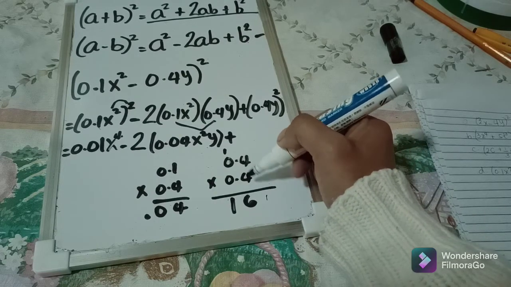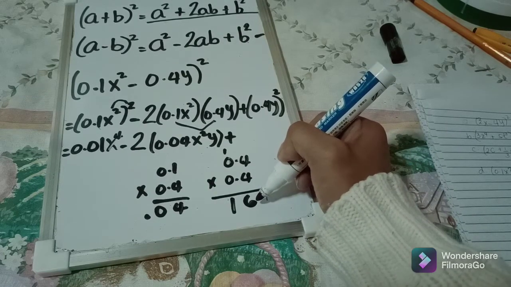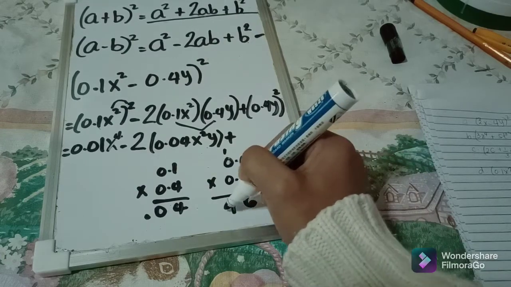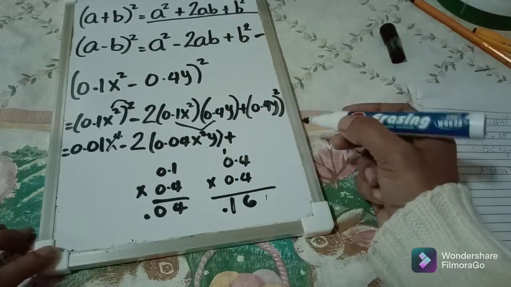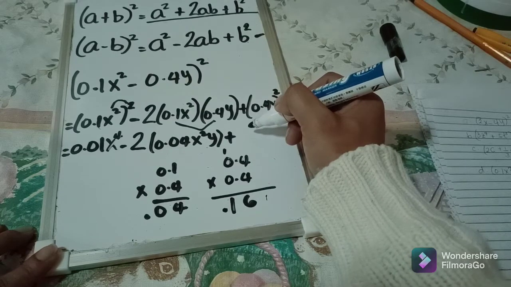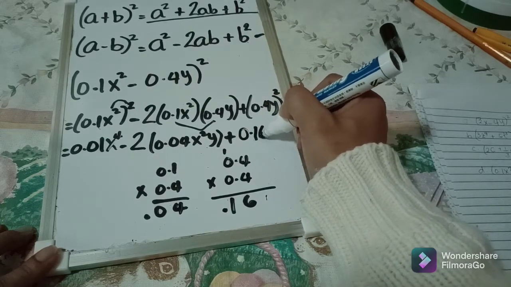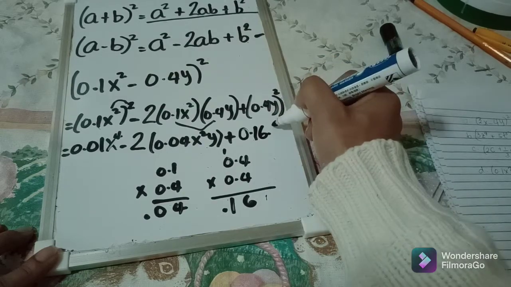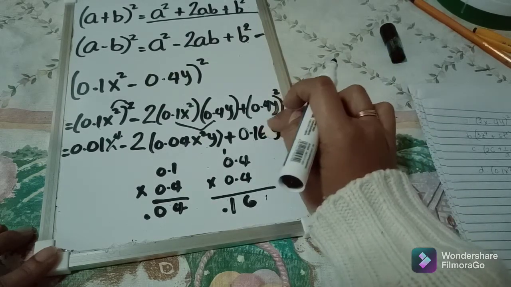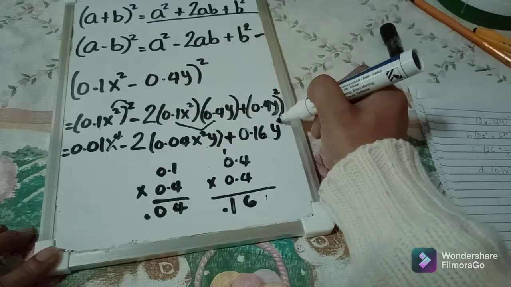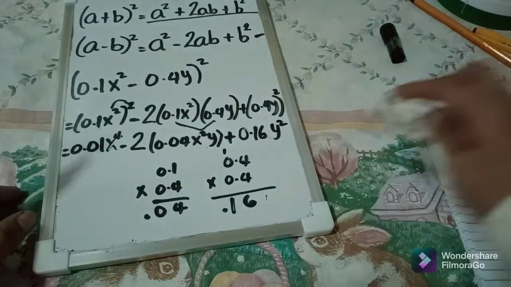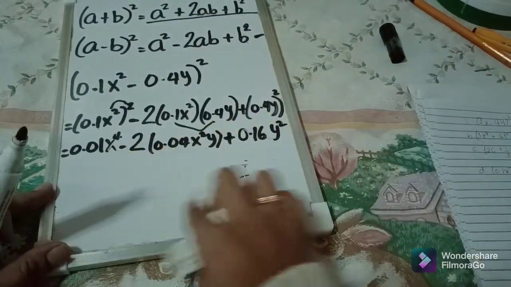So, syempre, dalawa. Count ng dalawang beses to the left. So, 1, 2. Yan yung decimal natin. So, yung 0.4 square is 0.16, then y square. Okay? May natitira pa tayong gagawin.